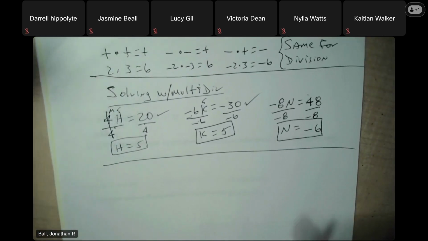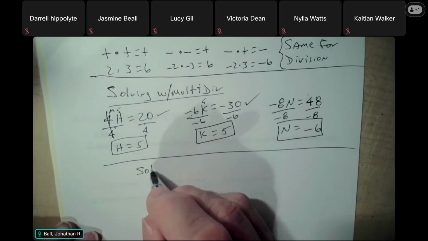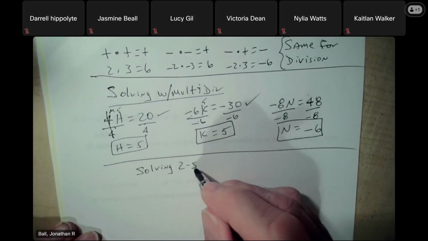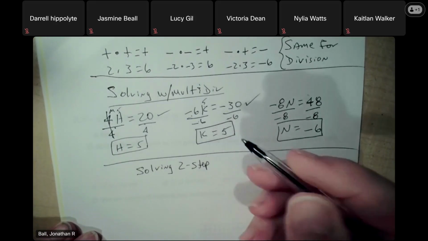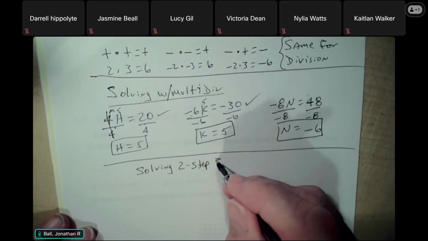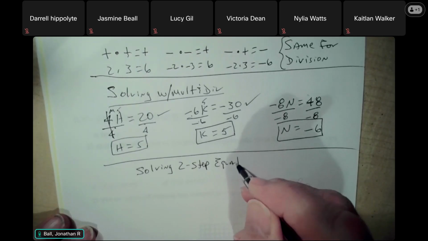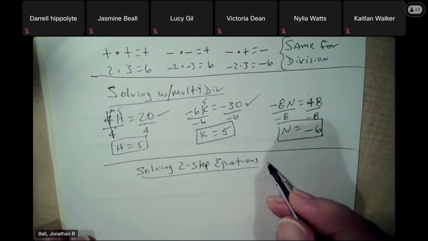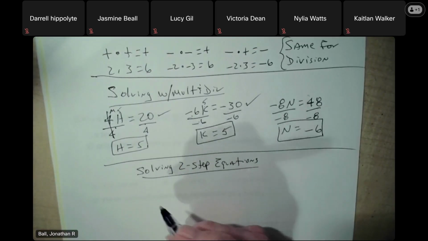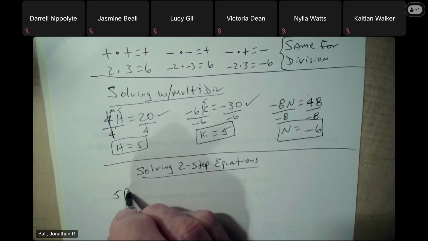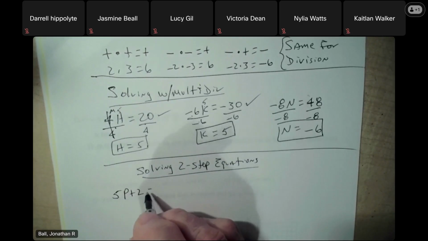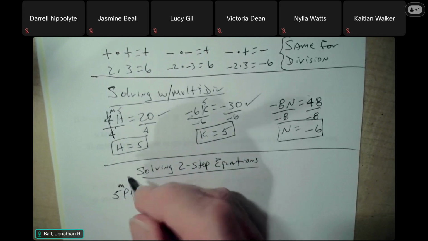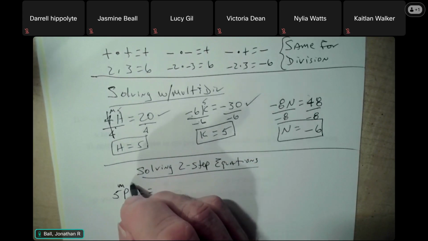Okay, now two-step equations. Solving two-step equations. For instance, if we have 5p plus 2 equals 17, now we have multiplication here and we have addition.